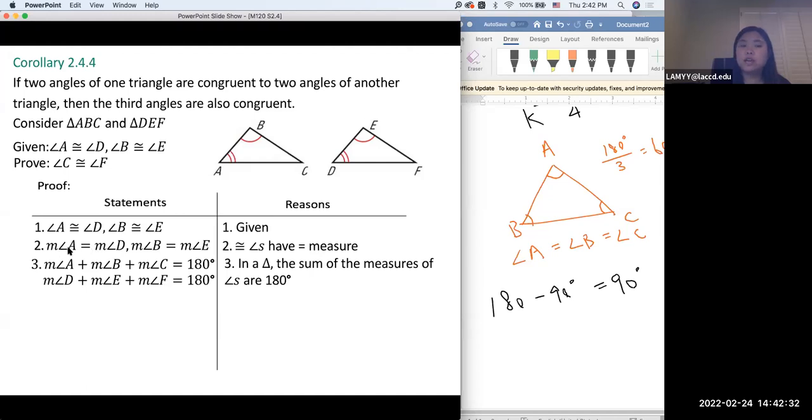So you know angle A equals angle D, angle B equals angle E. Can I use substitution to say that angle D plus angle E plus angle C equals 180? I substitute angle A equals D, angle B equals angle E, plus angle C equals 180.